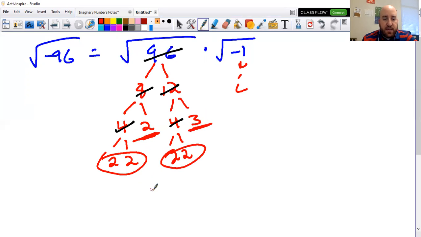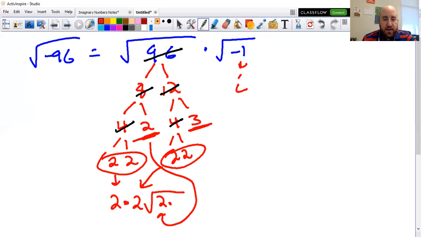So now what's this going to give me? So now I'm going to do my square root. For both of these pairs of 2s, I have to put one 2 outside of the square root. So one 2 outside for each pair. And whenever I have more than one number, either outside or inside, I have to multiply them. So those are going to go there.